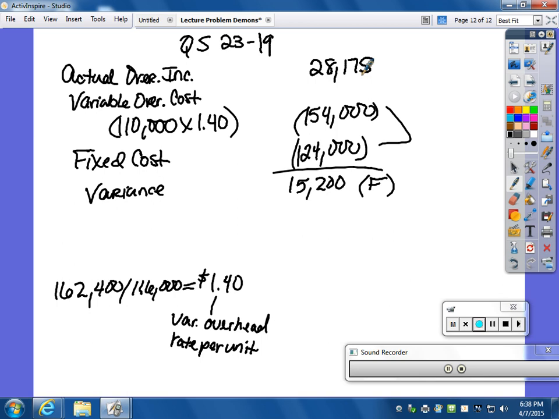What's our variable overhead cost per unit? Variable overhead rate per unit. $3.10.